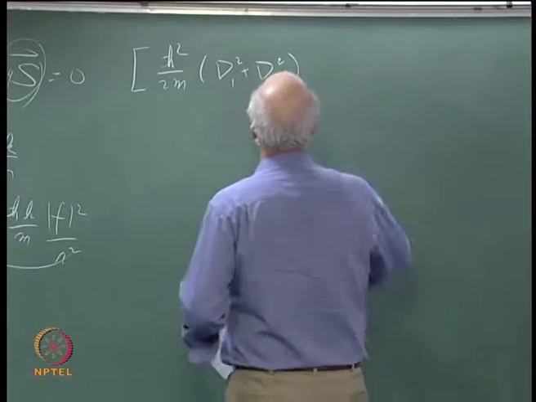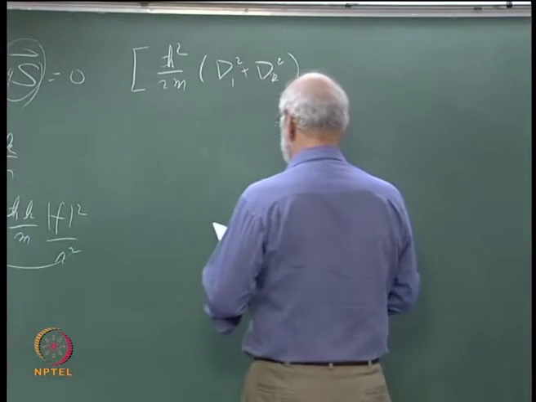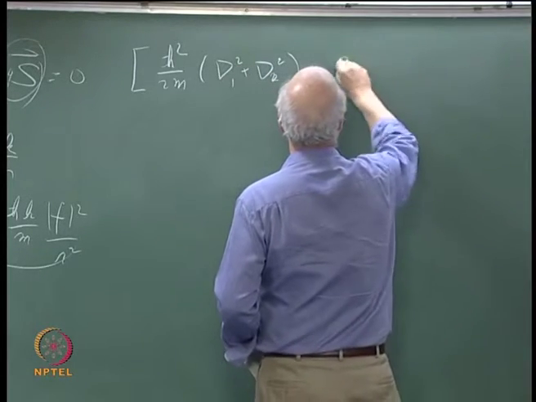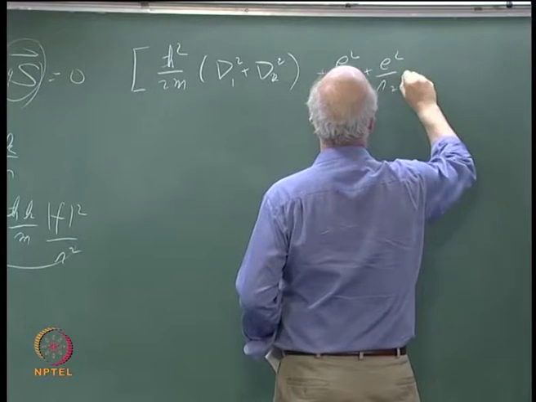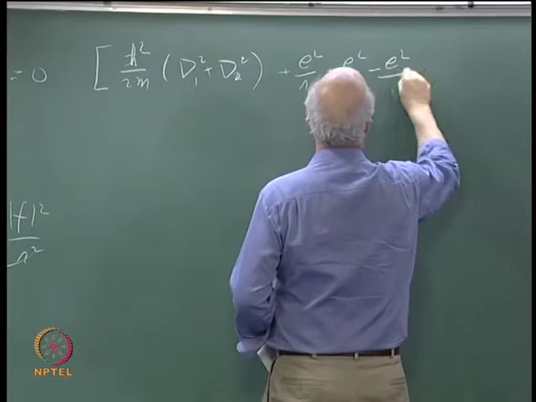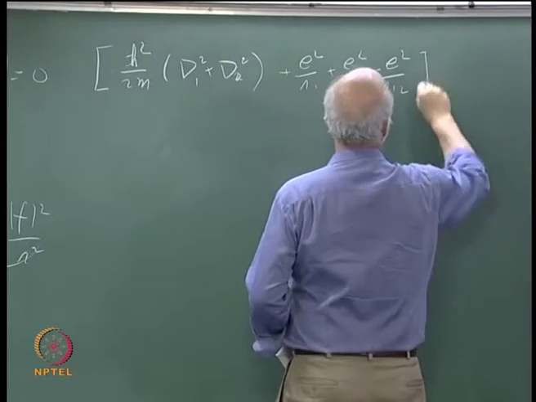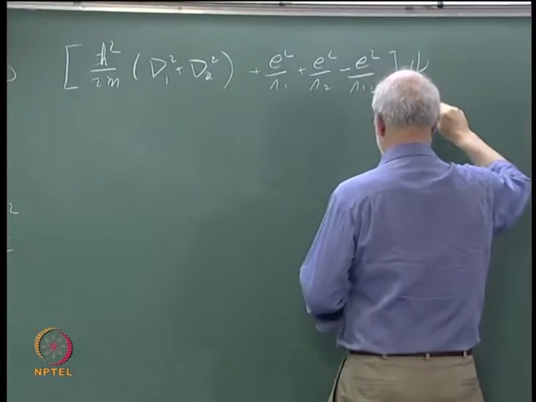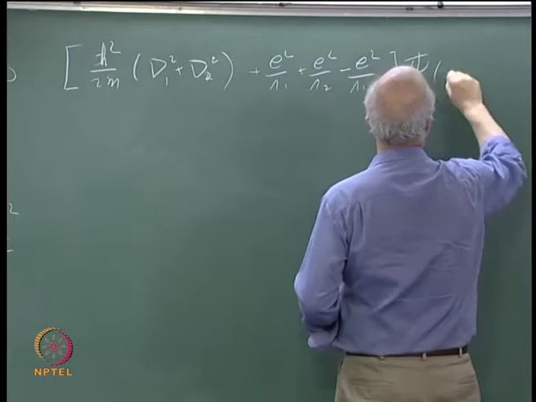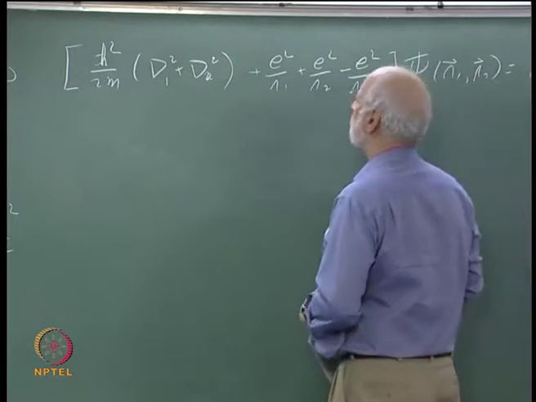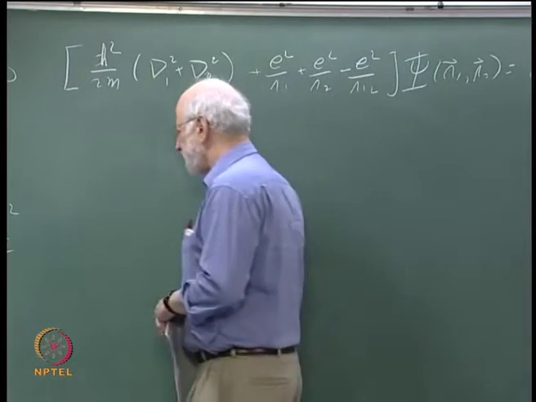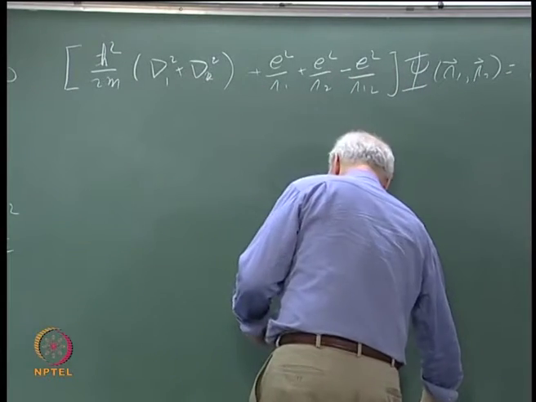Anyway, del 1 squared plus del 2 squared plus e squared over R1 plus e squared over R2 minus e squared over R12, acting on psi, I should make this a capital Psi, of R1 and R2 equals 0. No, it doesn't. I forgot something, didn't I?